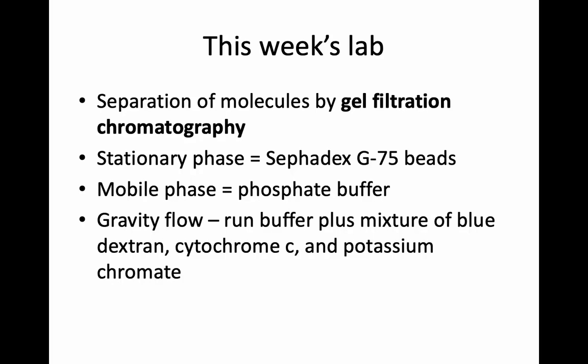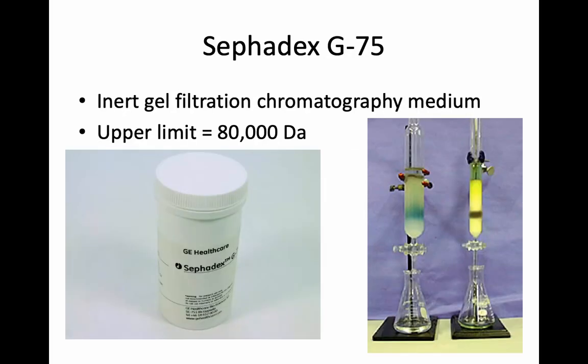We're going to use just PBS, saline solution, as your mobile phase, and we're going to add a mixture of blue dextran, cytochrome C, and potassium chromate, three compounds with very different molecular weights and therefore expected different elution times. And we're going to use this to estimate the gel partition coefficient for them.